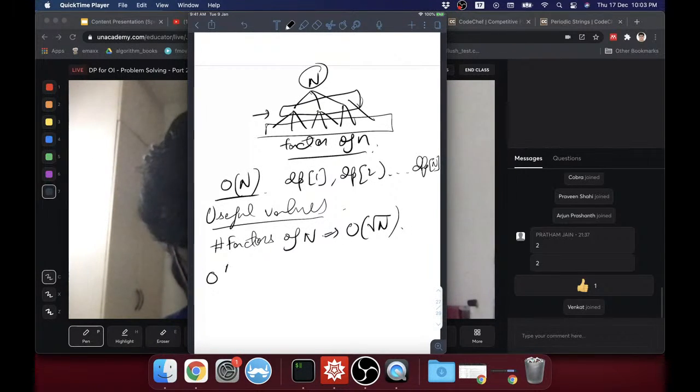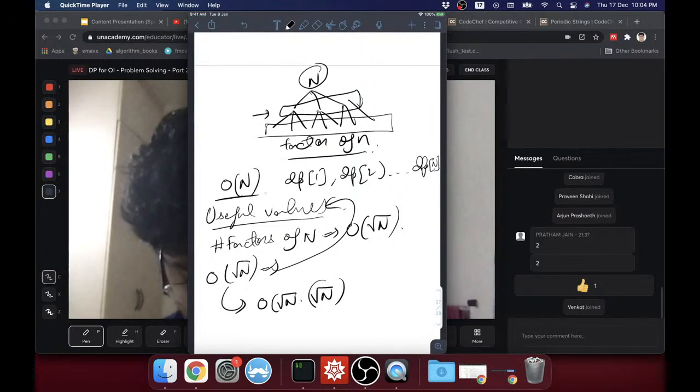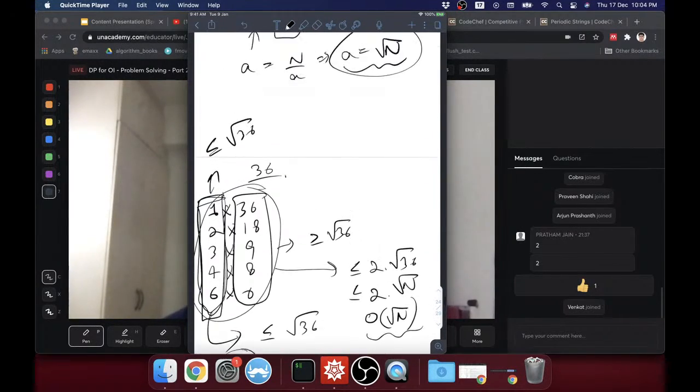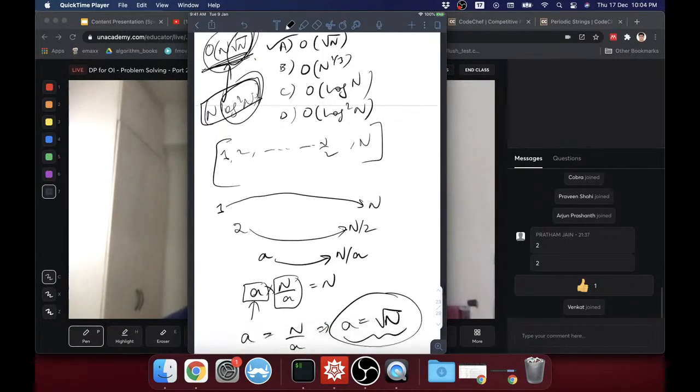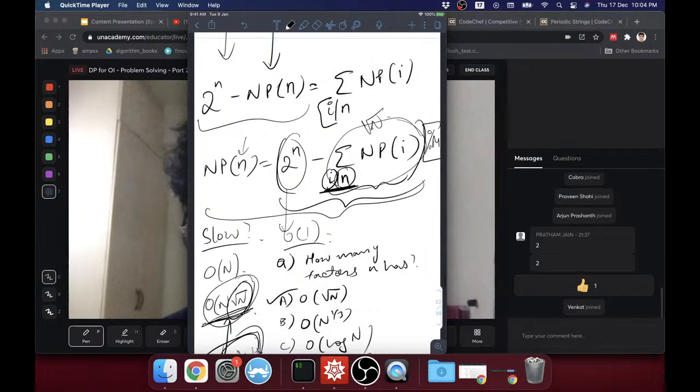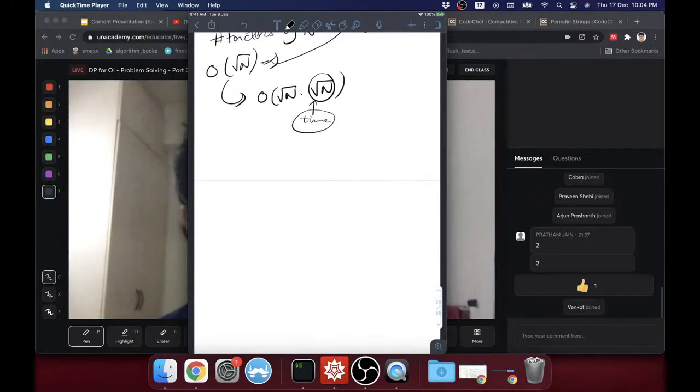So only around order square root n values are useful to you, which are the factors of n, and for each of them you take at most square root n time to calculate the value, because your recurrence here was looping on a summation. So total complexity is order n.